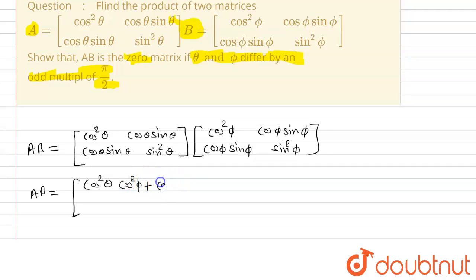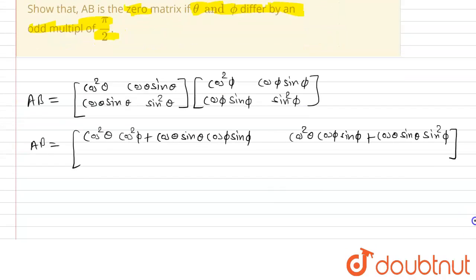Similarly, the second element will be cos square theta multiplied by cos phi sin phi plus cos theta sin theta multiplied by sin square phi. Now this is the second element.